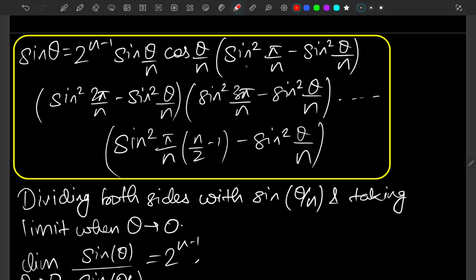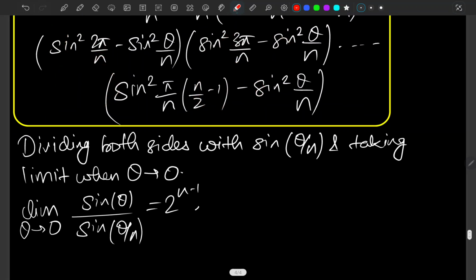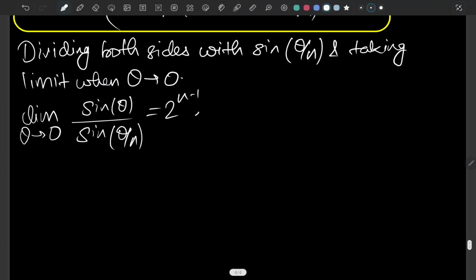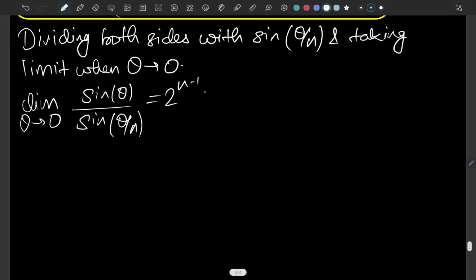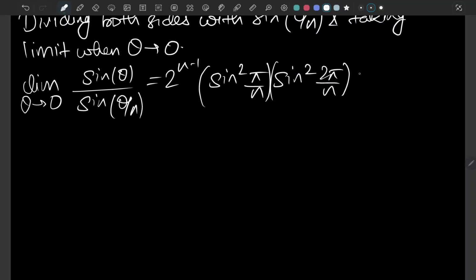So basically we would be left with 2 to the n minus 1 times sine squared pi over n times sine squared 2 pi over n times sine squared 3 pi over n, and so on. So that's really amazing. So here we have sine squared pi over n times sine squared 2 pi over n times sine squared 3 pi over n, and this goes up to infinity.